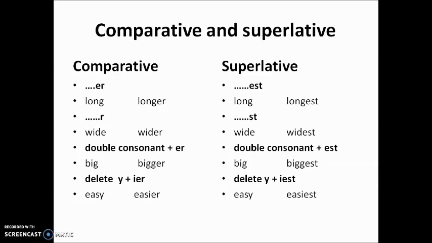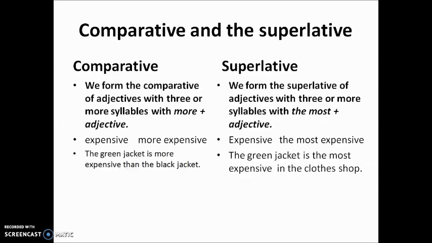For example, big, it becomes biggest. And the last case, for adjectives that have y at the end preceded by a consonant, we delete y and add iest. For example, easy, easiest.